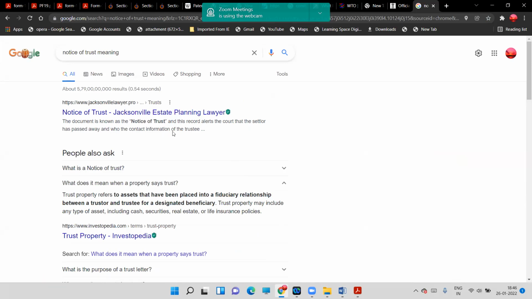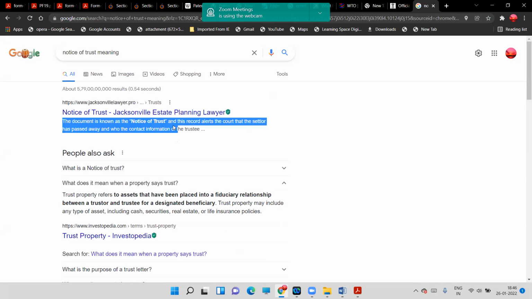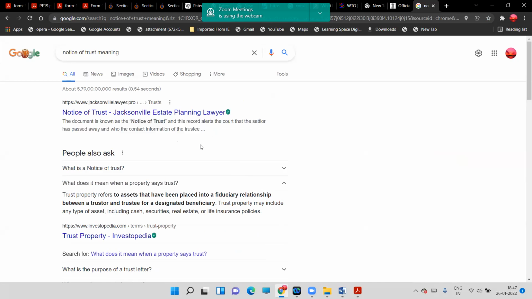I just read it on Google. Correct me if I'm wrong. Is it a document that must be filed after someone's passing, or if someone is dead? No, before that it can also.